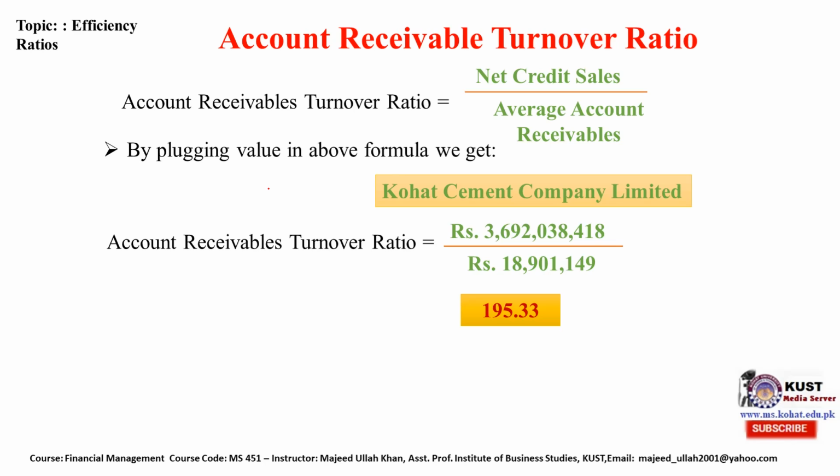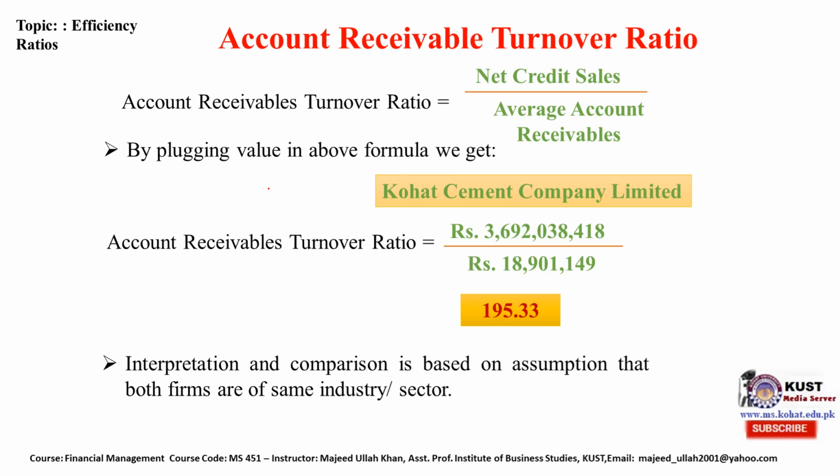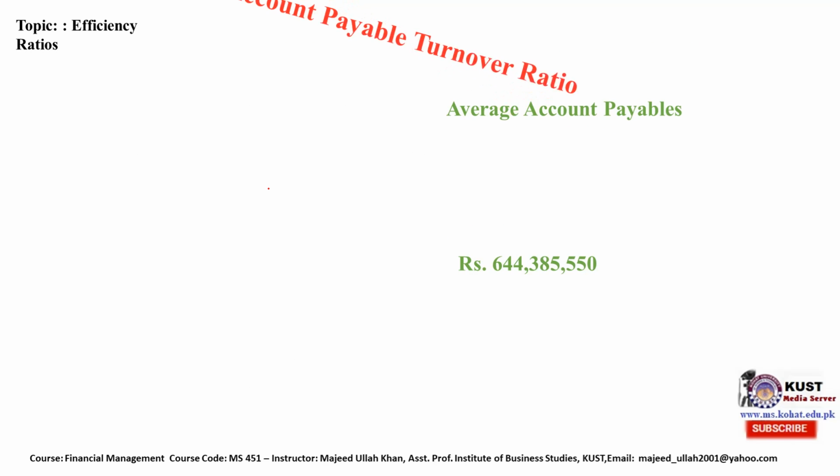The single ratio does not give us opinion-making information. But when we compare it with other firms, we will assume they are operating in the same sector, same industry, and same geographical area.